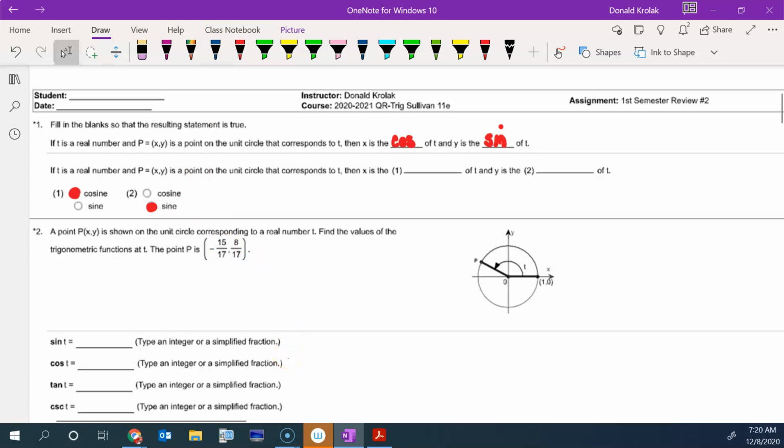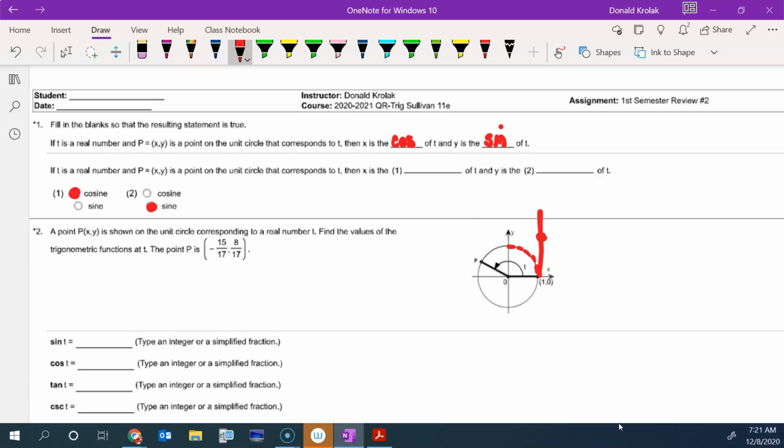Okay, so now the next one says point P shown on the unit circle corresponds to the real number t. That's just like, remember, all we're talking about is taking a line and bending it around the unit circle.